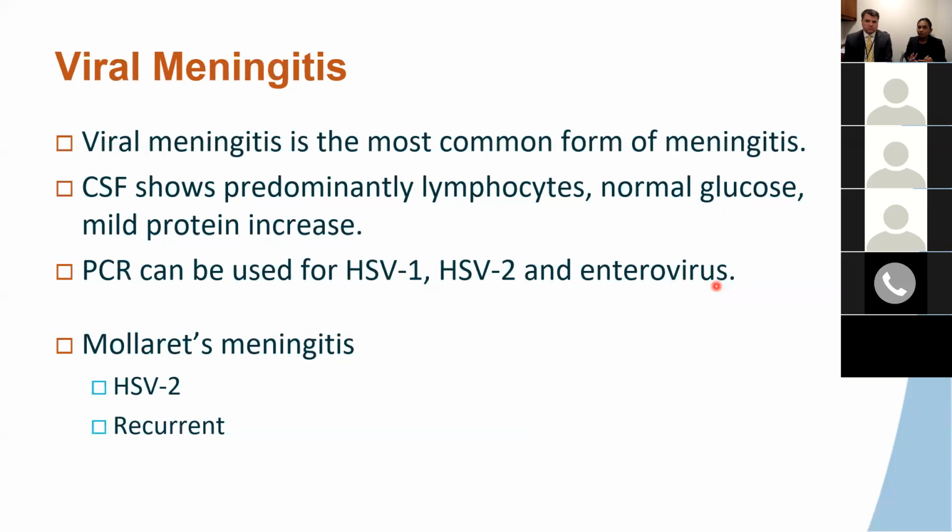So it's really important, if you suspect herpes meningitis, to start them on antiviral acyclovir, because if you wait for the results to come back to start treatment, they could have devastating consequences and brain damage. So it's extremely important if you're suspecting herpes meningitis.